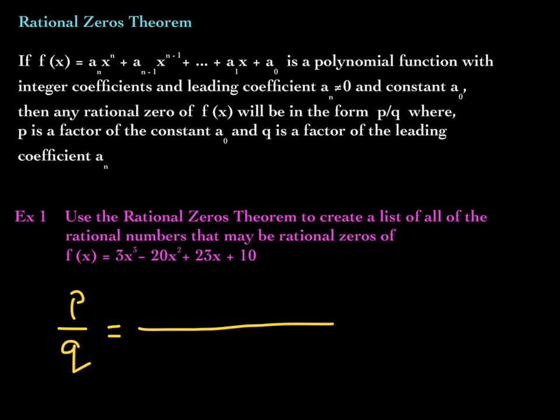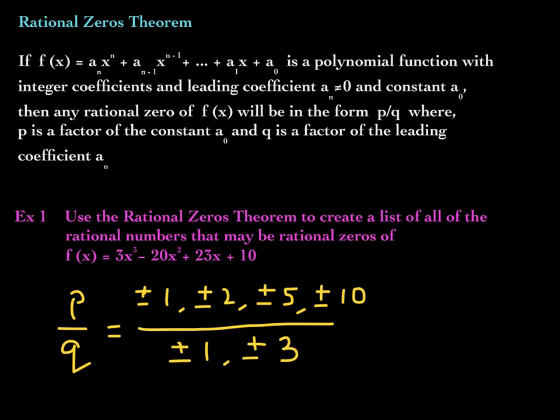So the factors of 10 are plus or minus 1, plus or minus 2, plus or minus 5, plus or minus 10. The q here, the denominator, are factors of the leading coefficient. The leading coefficient is 3. So the factors of 3 are plus or minus 1, plus or minus 3. So these quotients here give you all of the possibilities when it comes to rational zeros for this function.